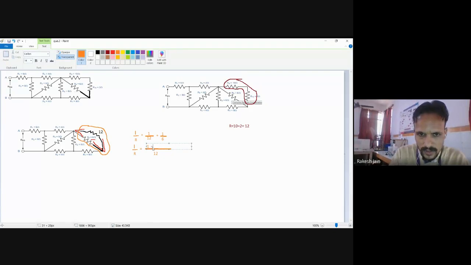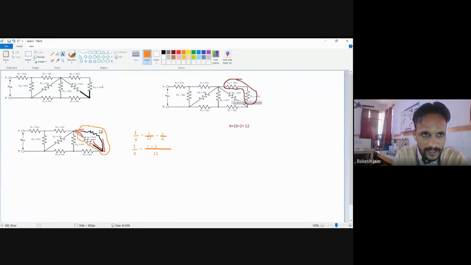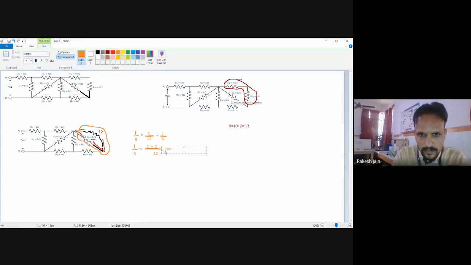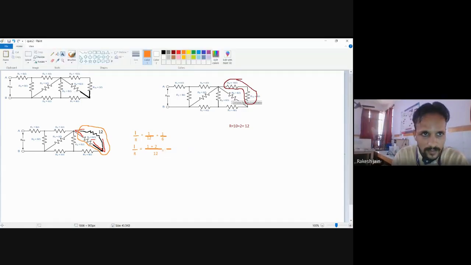Then plus 6 twos are 12, so 2 will be there. So it will be 3 divided by 12.